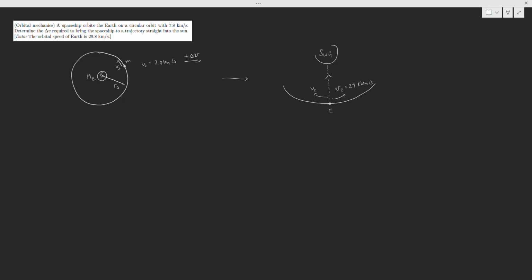And now, in order to compute delta V, we use energy conservation, and more precisely energy conservation in the geocentric system.